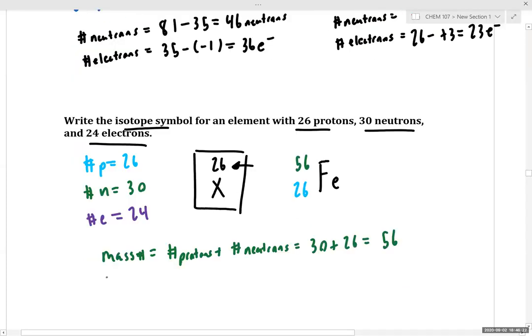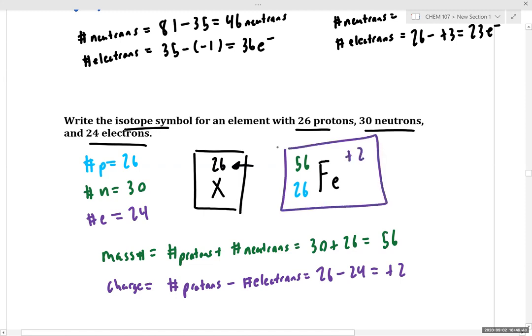Our charge is equal to the number of protons minus the number of electrons, 26 minus 24, which gives us a charge of +2. So this would be the symbol for an element with 26 protons, 30 neutrons, and 24 electrons.